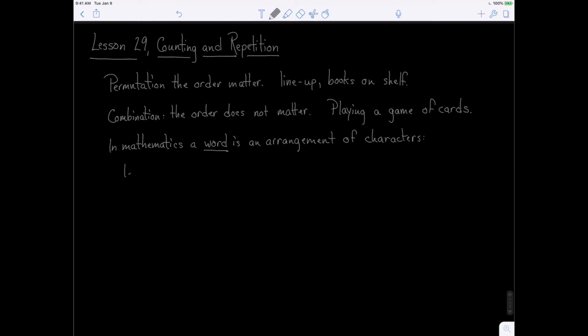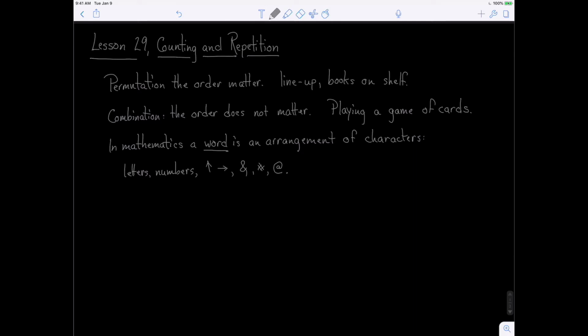These could be letters, numbers, could be arrows. It could be even like typesetting symbols, like the ampersand or the pound sign or an exclamation mark or an at sign. So when we talk about a word, we're just talking about an arrangement of characters, and it may not even be something that you'd find in the dictionary.